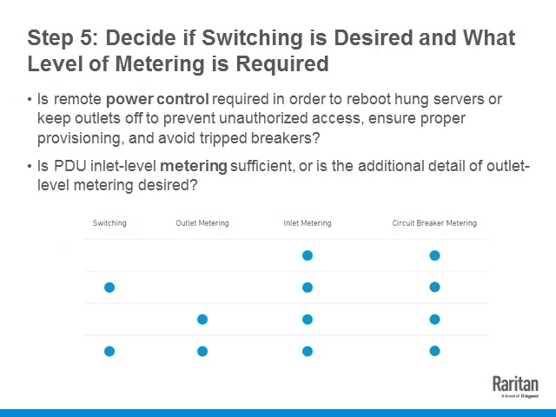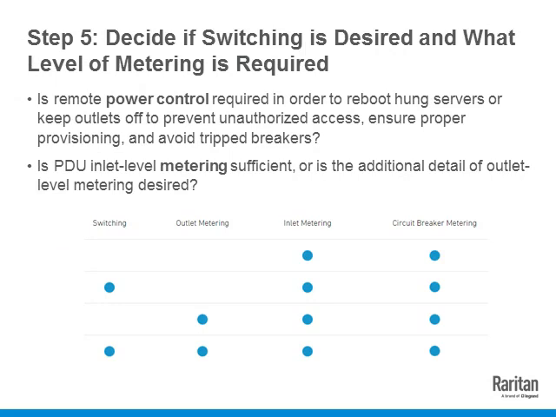Why do we need switching? We have customers making a decision on whether to add the remote switching capability into a certain rack or not, based on what is being provided by that rack.